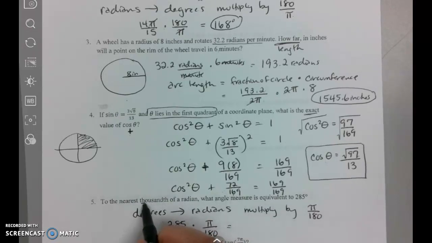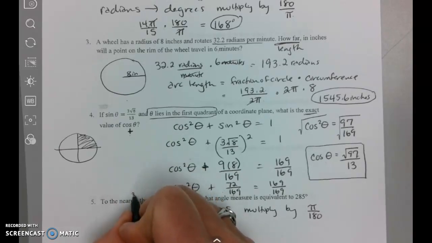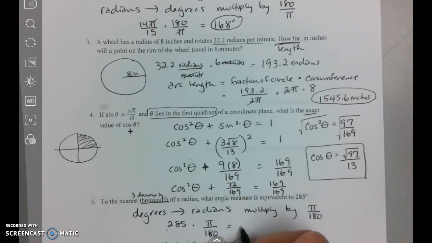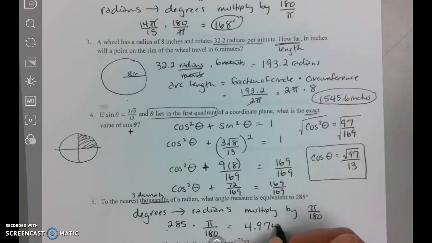And because it's the nearest thousandth, which is 3 decimals, that means I'm going to multiply this pi out. So on my calculator, I'm going to take 285 times pi, and then I'm going to divide by 180, and I get 4.974.